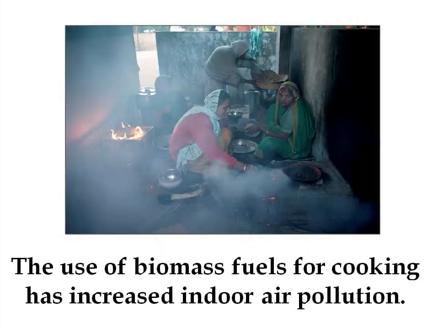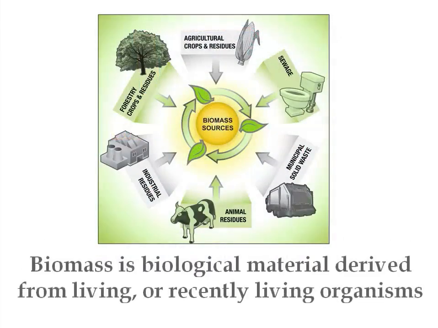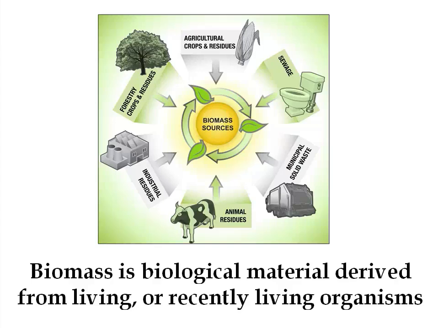Now, this is a common picture in any rural area where the use of biomass fuel for cooking has increased indoor air pollution. What is biomass then? Biomass is any biological material derived from living or recently living organisms.